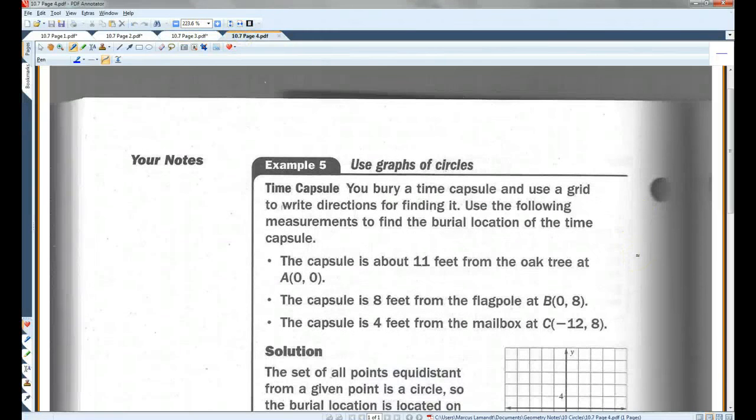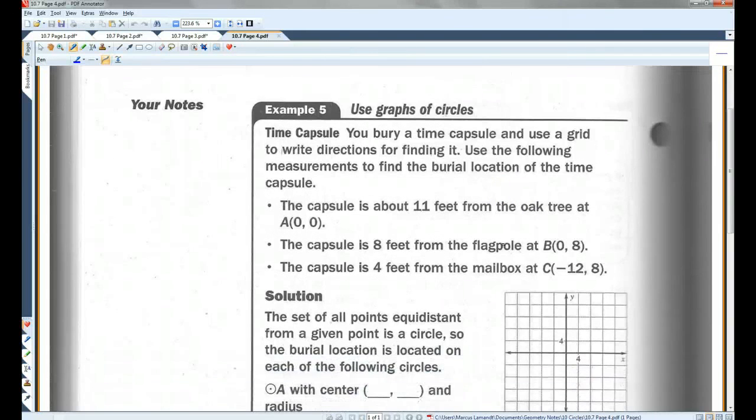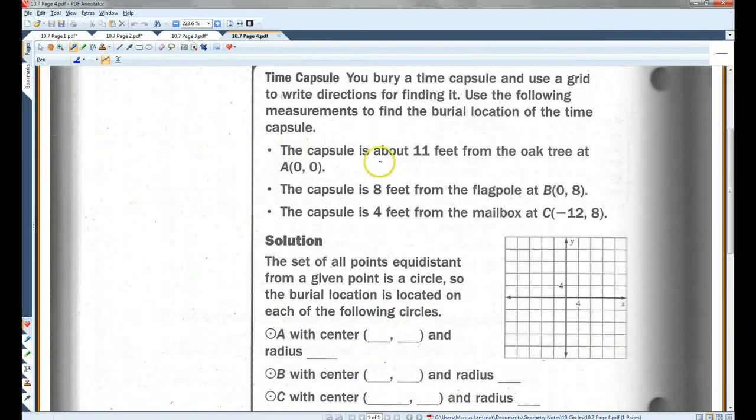Okay, time capsule. You bury a time capsule and use a grid to write directions for finding it. Use the following measurements to find the burial location of the time capsule. Okay, the capsule is about 11 feet from the oak tree at A(0, 0). So here is A. It's 11 feet from the oak tree, so somewhere 11 feet away is the time capsule.